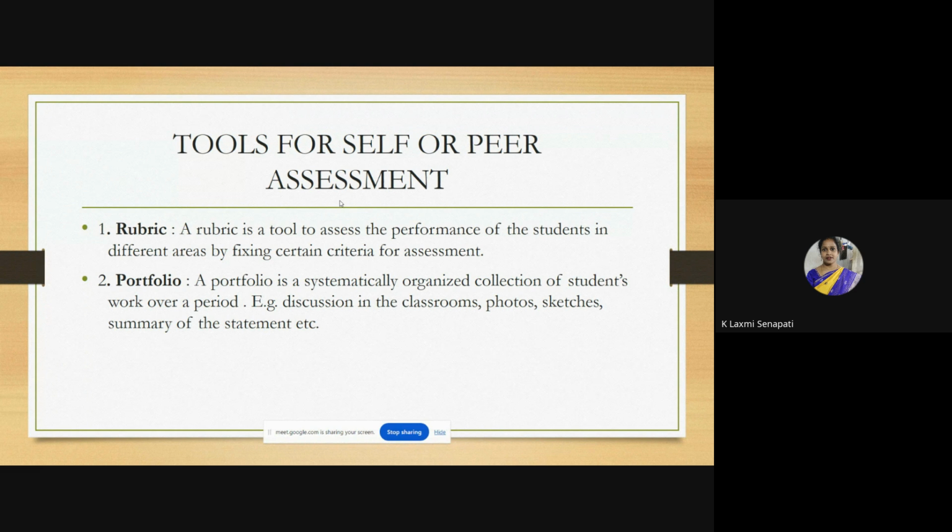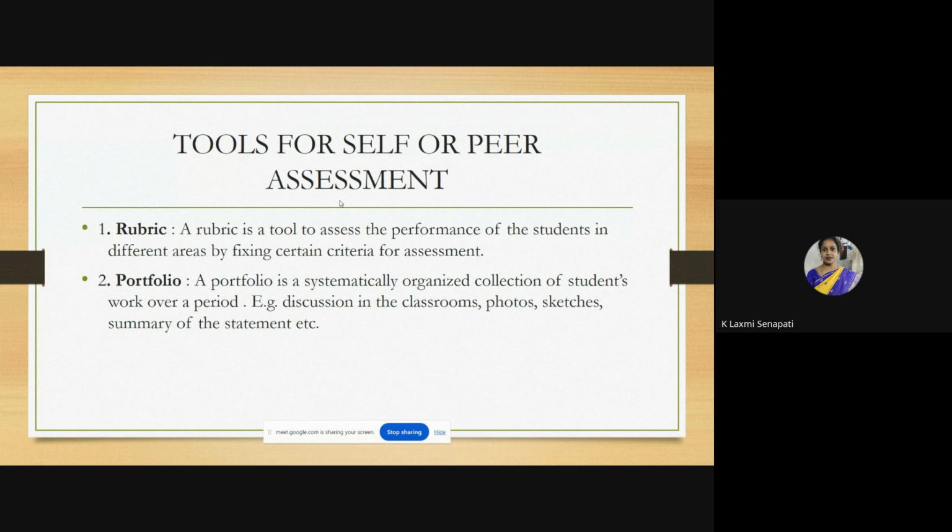Here rubric is there. Rubric is a tool to assess the performance of the students in different areas by fixing certain criteria for assessment. It depends on the teacher how the teacher will divide the performance of the students in different areas.